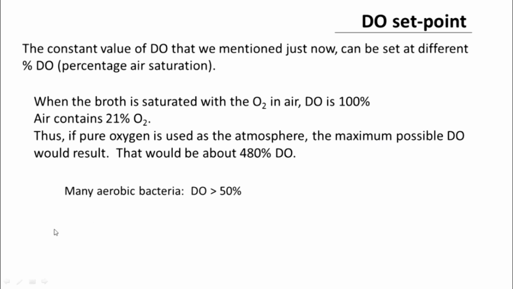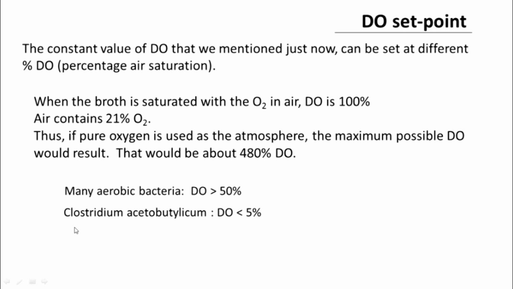What has been found is that many aerobic bacteria need a DO above 50% to do well. There are innumerable studies in the literature on the effect of DO on the growth and productivity of many different systems of interest, many different organisms of interest. Many aerobic bacteria have been found to prefer a dissolved oxygen level of greater than 50%. That's why we are interested.